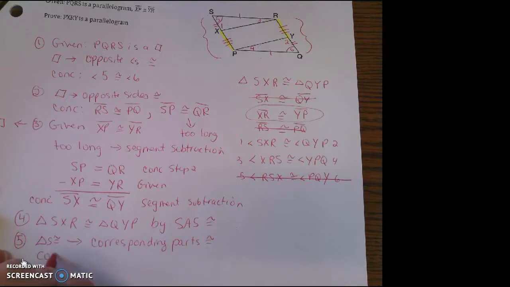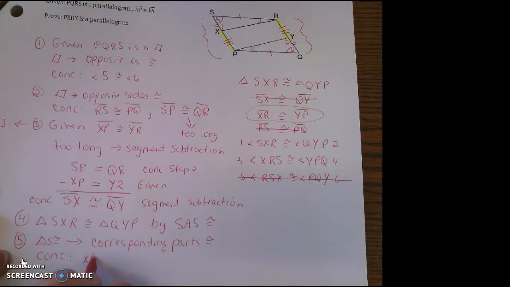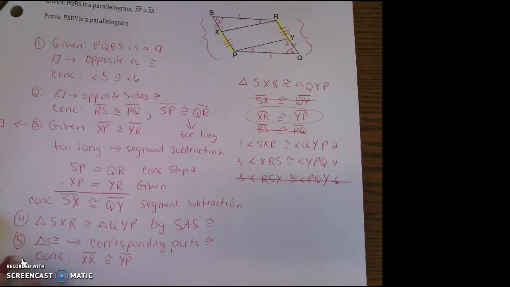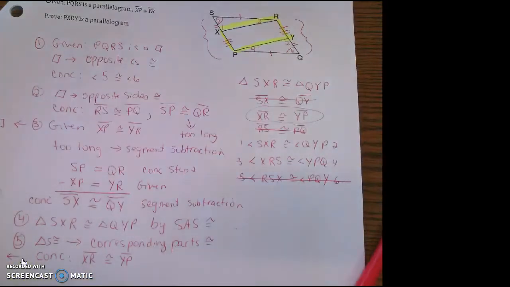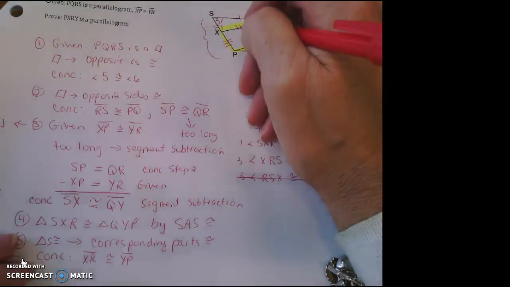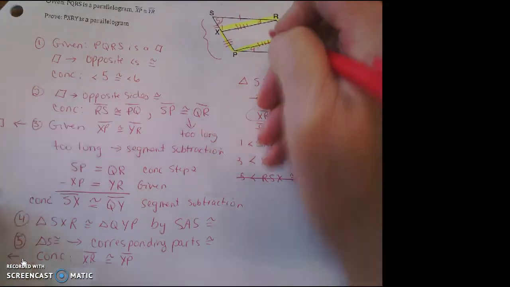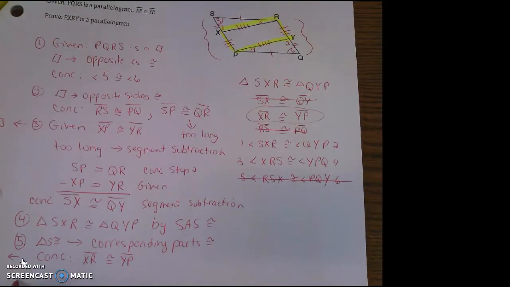My conclusion is that line segment XR is congruent to line segment YP. That is the other part we need for our parallelogram. This side is now congruent to that side. I'm up to 4 tick marks. So I now have a parallelogram.